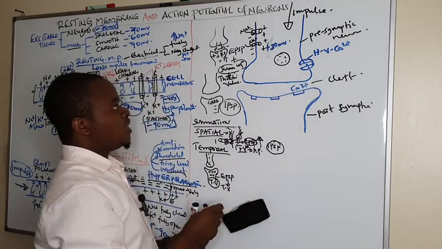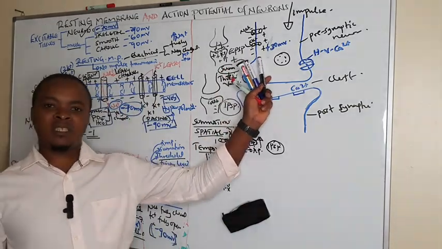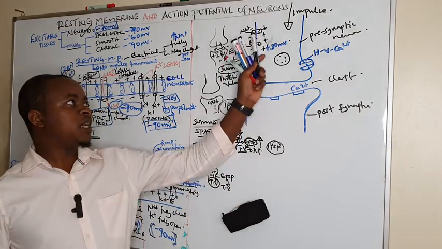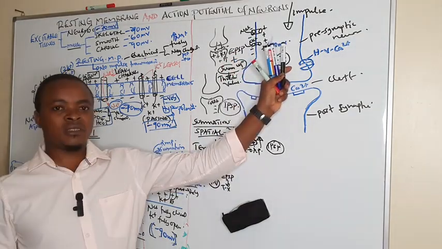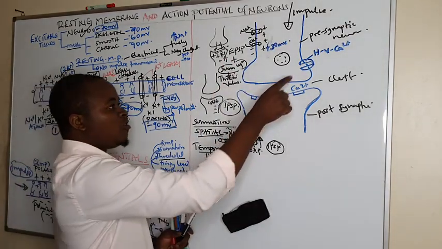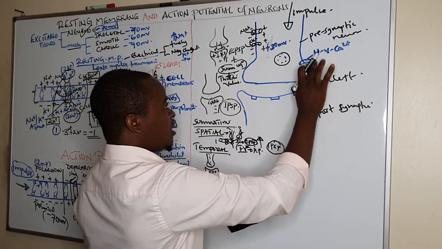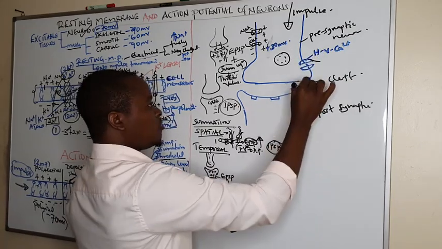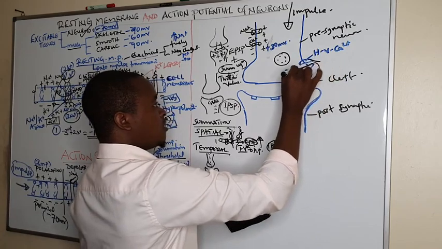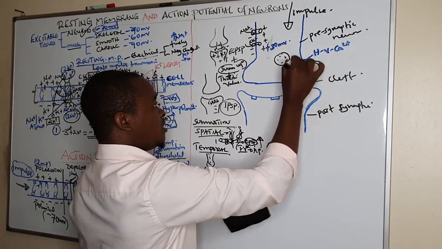So when the neuron becomes depolarized, and after becoming positively charged, reaching positive 30 millivolts, it will activate the opening of the high voltage gated calcium channels, and this will lead to an influx of calcium ions inside the neuron.